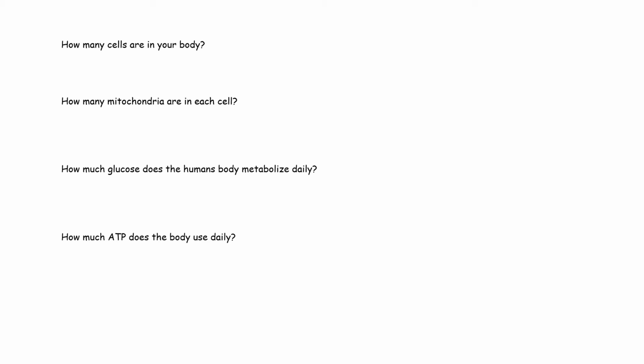So here's the last slide. Just some questions I wanted you to think about. I am going to give you the answers, but I wanted you to think about them in terms of what is going on, and we've only looked at one pathway that takes place in the cells of our bodies. Number one, how many cells are in your body?